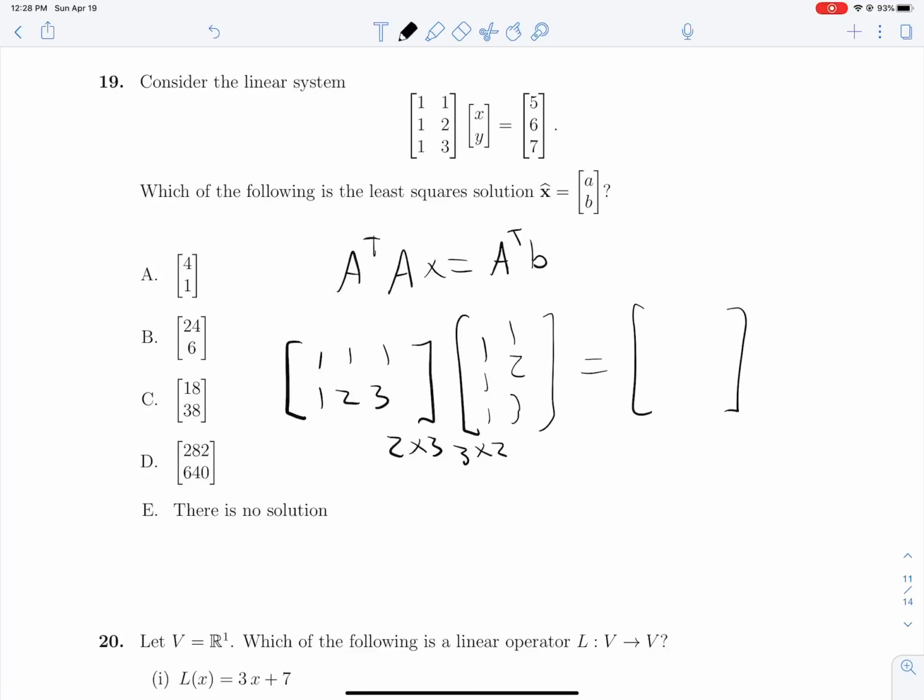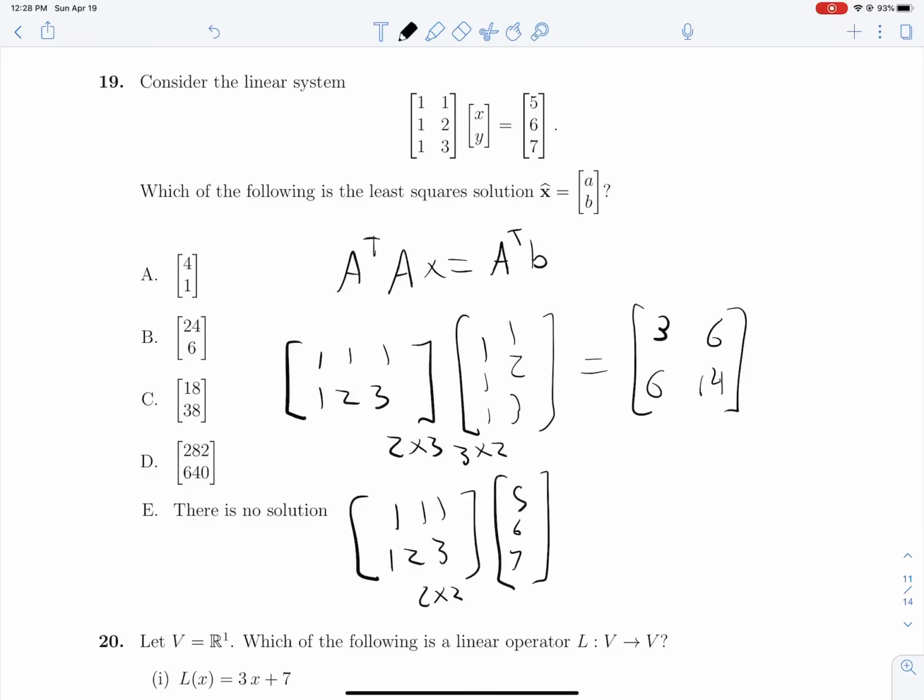This multiplication gives us 3, 6, 6, and 9 plus 5, so 14 there. Then computing A transpose multiplied by B, which is 5, 6, 7, we have a 2 by 3 matrix times a 3 by 1 matrix, so we will get a 2 by 1 matrix, just like they're talking about up here.